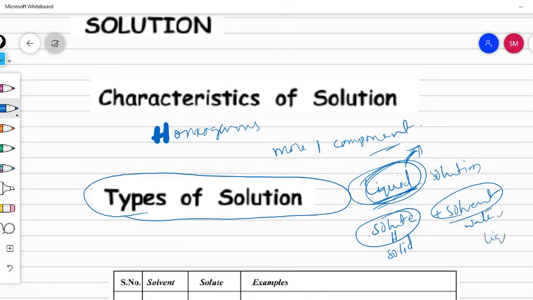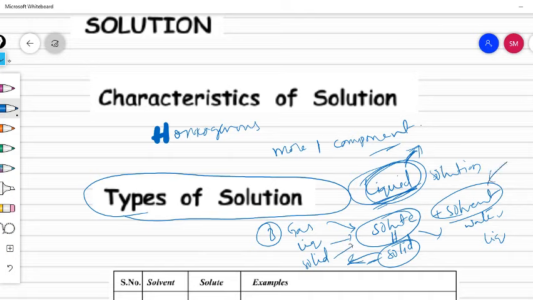Okay, so if I change the phase of the solute, there can be different solutions. So what could be the maximum number of phases? It is three. One is gas, one is liquid, and one is solid. So for the solute there are three phases.